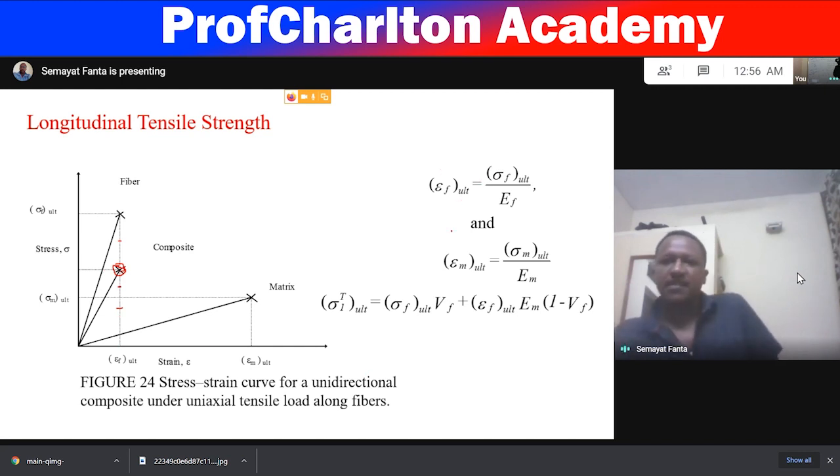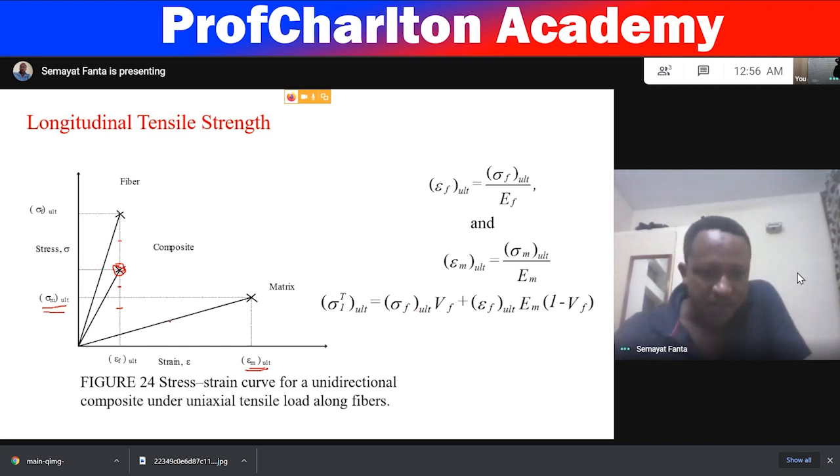So what is the ultimate strain of the fiber? That is defined as the ultimate stress of the fiber over the elastic modulus of the fiber. And the ultimate strain of the matrix is equal to the ultimate stress of the matrix over the elastic modulus of the matrix, which is simply the slope of this curve.